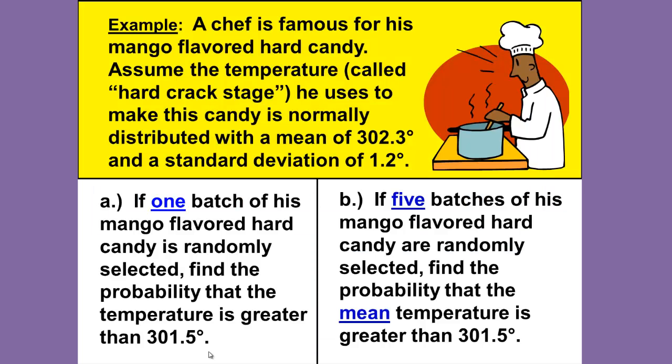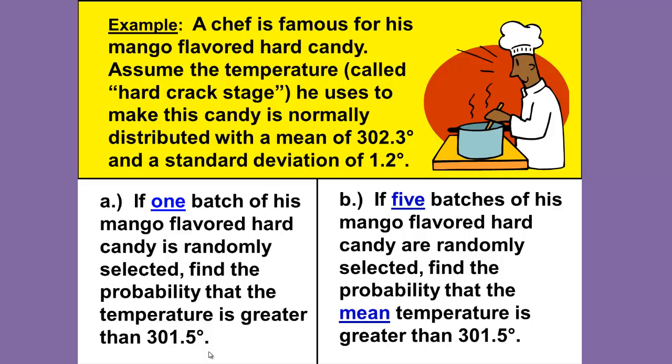We're going to go back and do a problem from a previous video, and in this case we're talking about a chef who is famous for his mango flavored hard candy. Assume the temperature, called the hard crack stage, he uses to make this candy is normally distributed with a mean of 302.3 degrees and a standard deviation of 1.2 degrees.